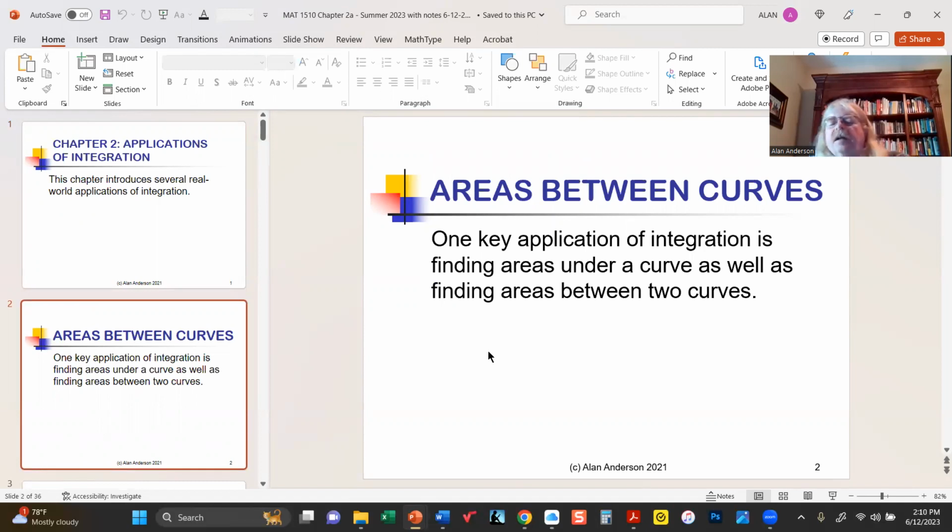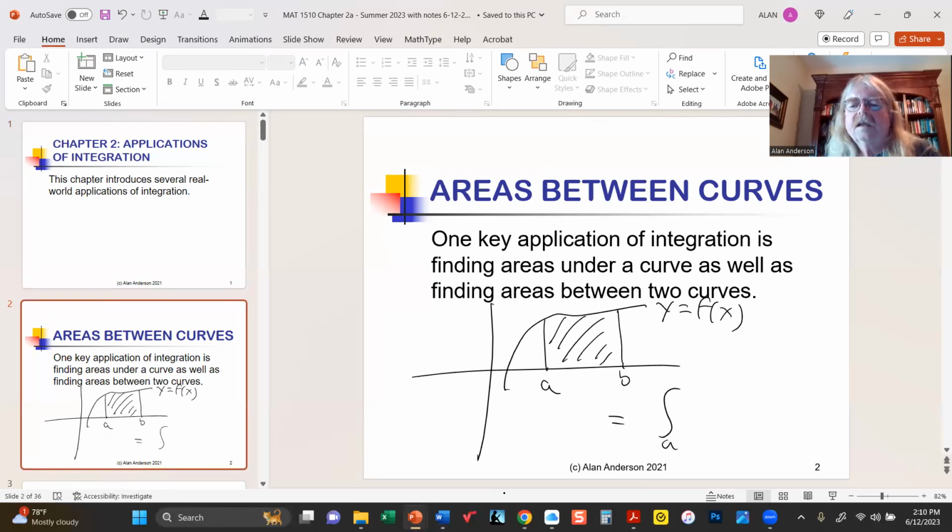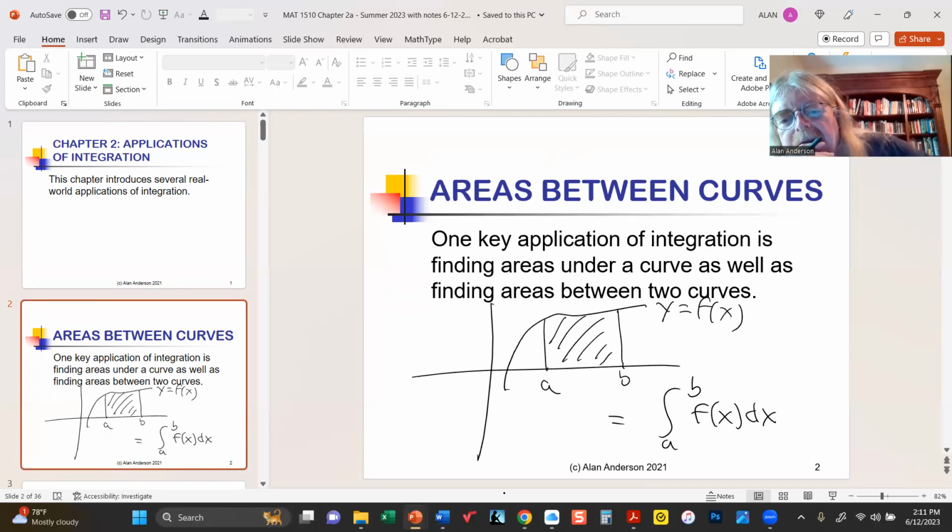Now, you might recall that we demonstrated that if you have some function or other and you're interested in knowing the area between two endpoints, if you notice here, we implicitly are assuming that the bottom of this shaded region is the x-axis. Okay, so all of those results we derived were based on the assumption that they're bounded from below by the x-axis.